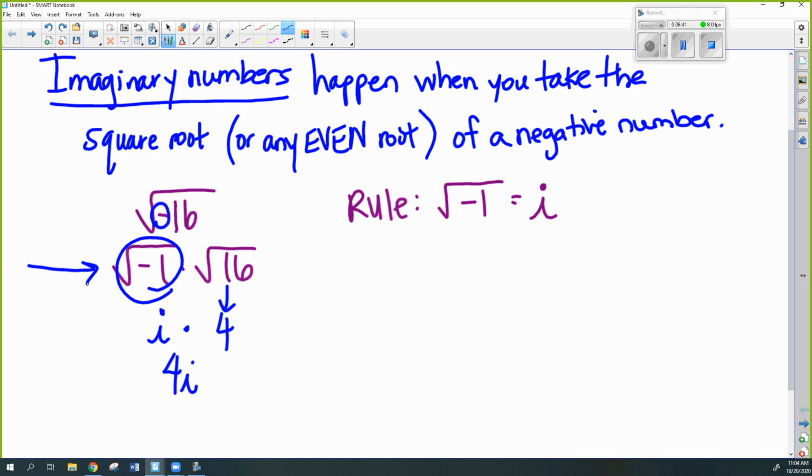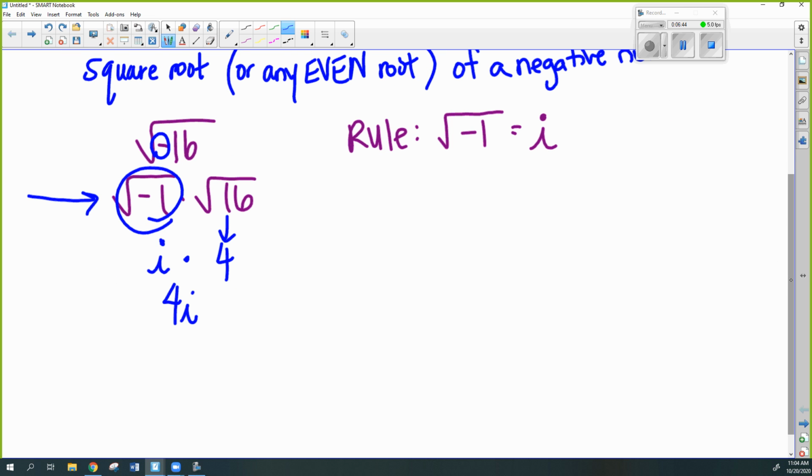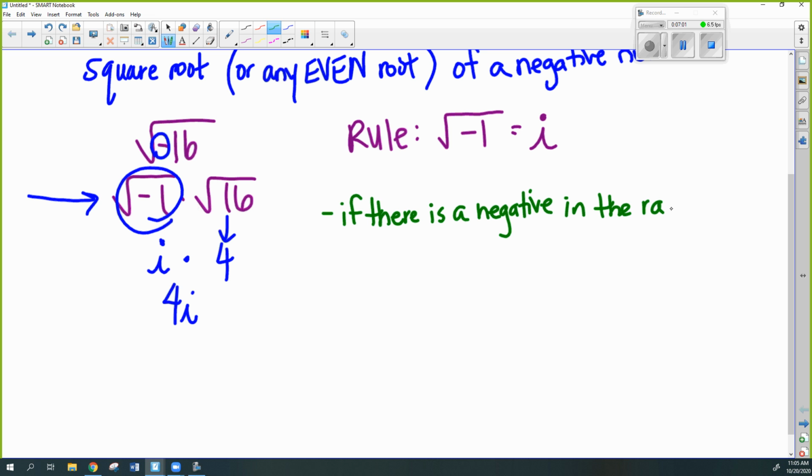So what you're going to do, in terms of steps, if there is a negative in the radicand, remember that's fancy for the stuff under the square root, so if there's a negative in the radicand of an even index radical, right?